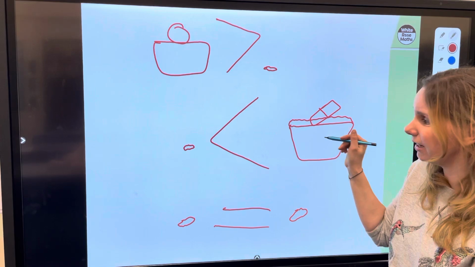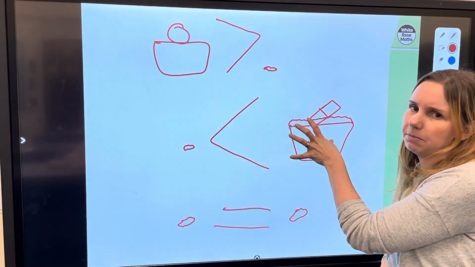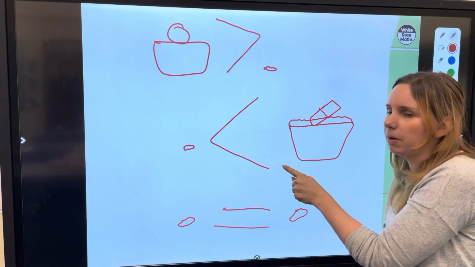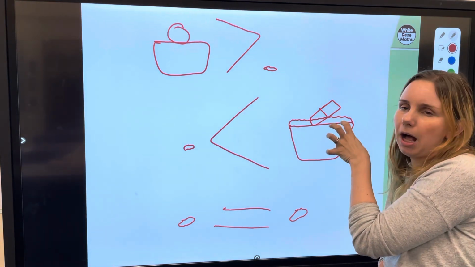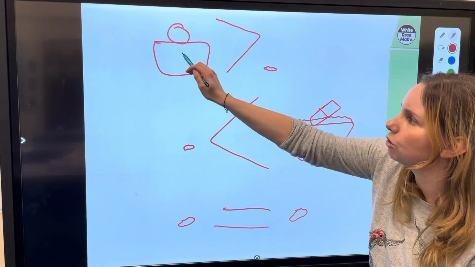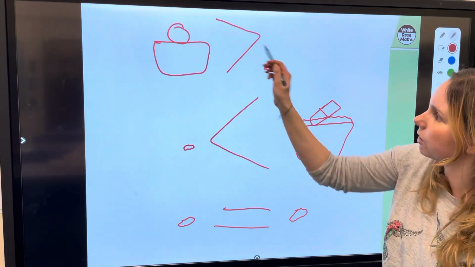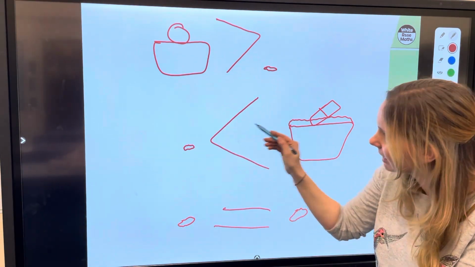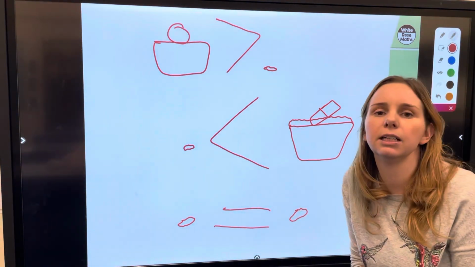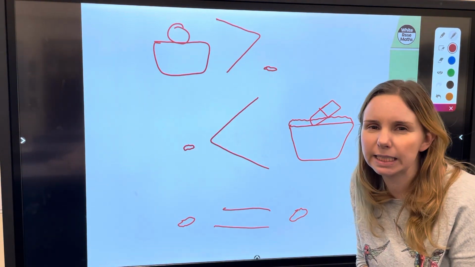It is less than what is on this side, because here, Mrs. Eastwood wants that giant cake, okay? This is where the mouth is open. We're opening on the greater part. Here, we're opening on the greater part, so we'd say this is greater than. The bun is greater than the crumb, the crumb is less than the bun, and the crumbs are equal to. Let's see how we get on today.